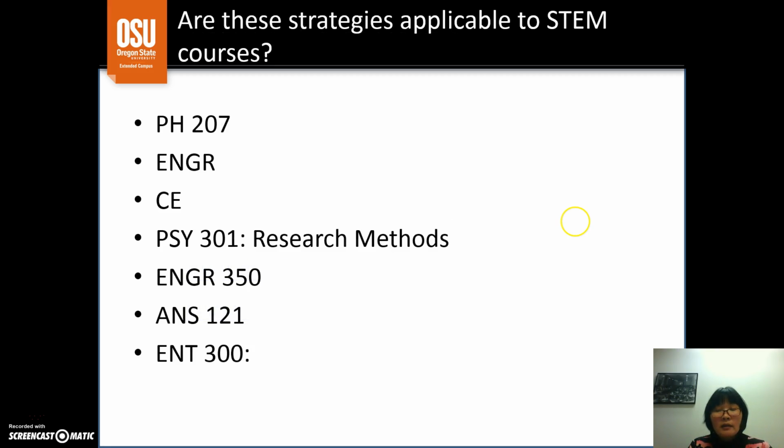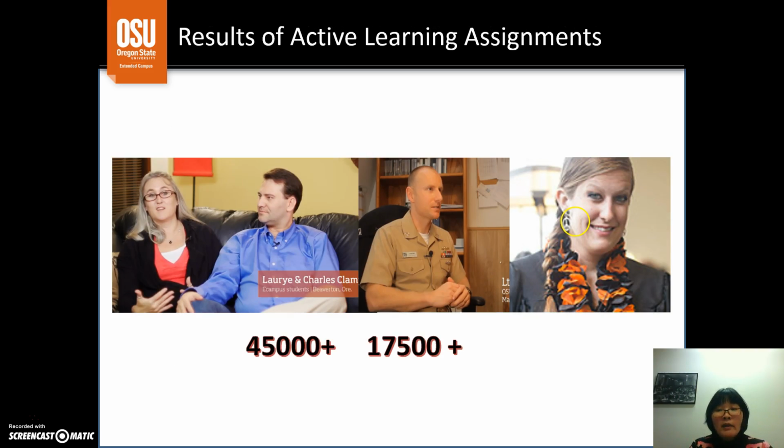And the areas where you can use active learning design are not limited to writing, to engineering, to business. It can be almost in any field. And the end result of courses using active learning design is we have more satisfied students and happier graduates.